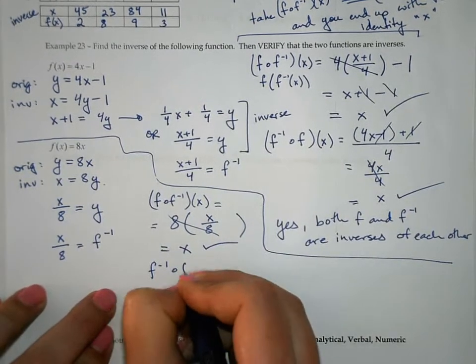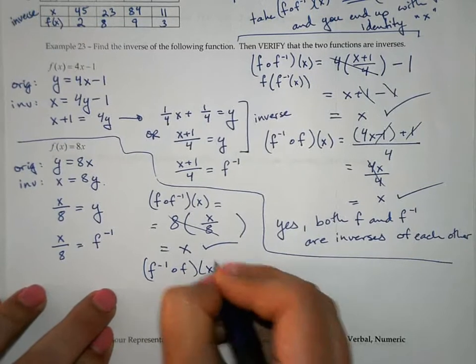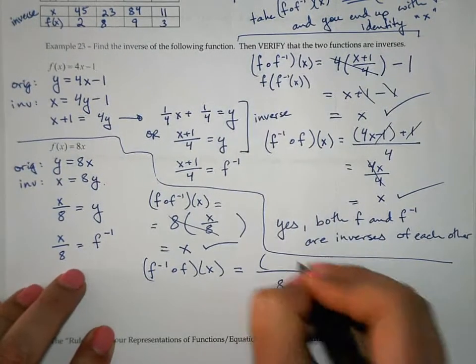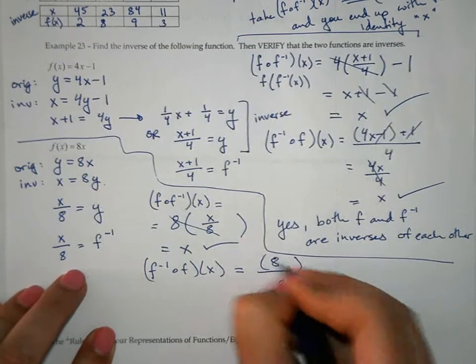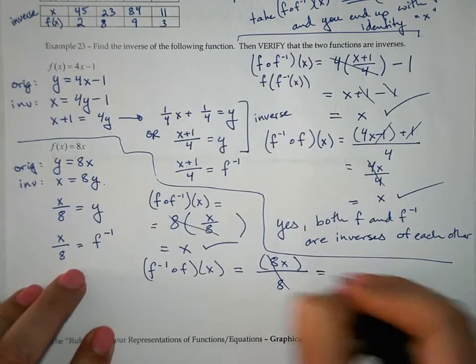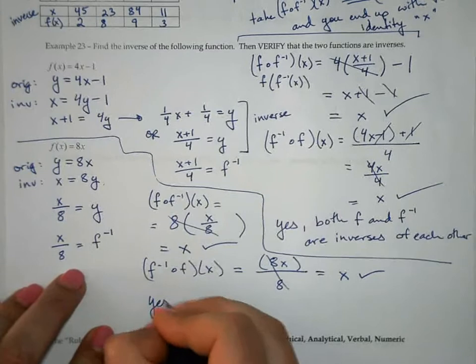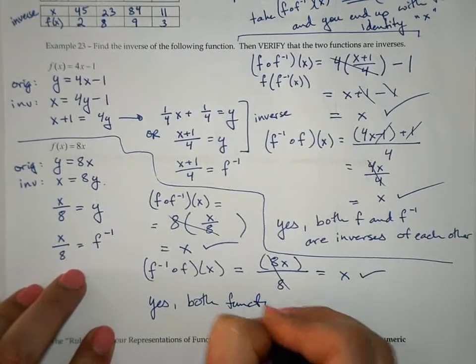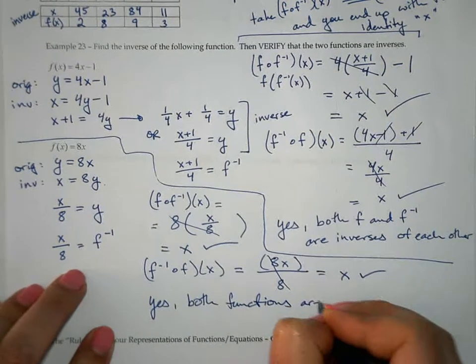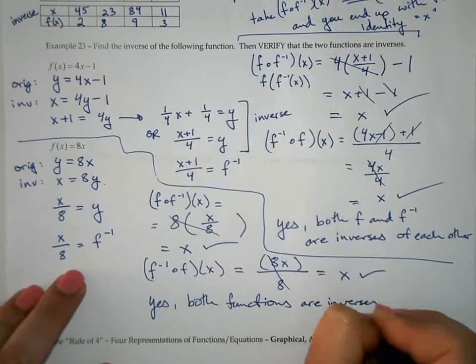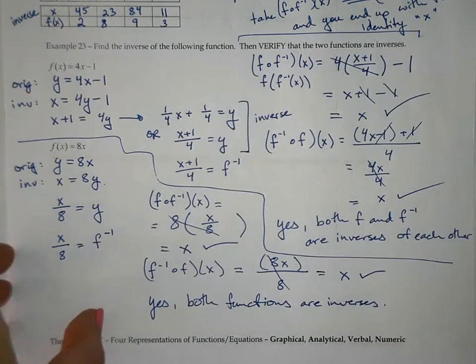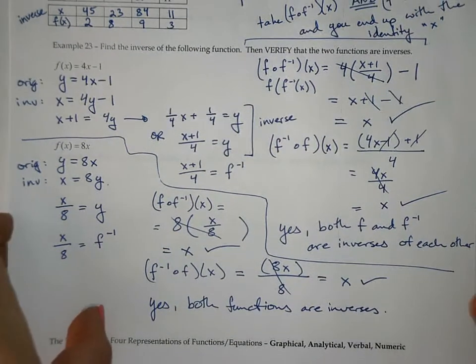And then to do the reverse, we say something over 8, and into that something over 8 we'll put the function. Both functions are inverses. So a lot of things to remember with that, but it uses your skill from 1.5.